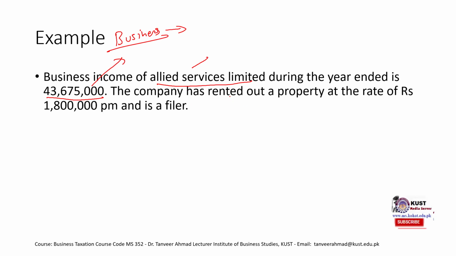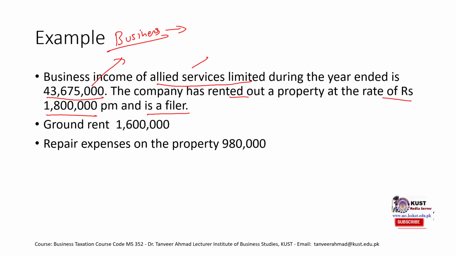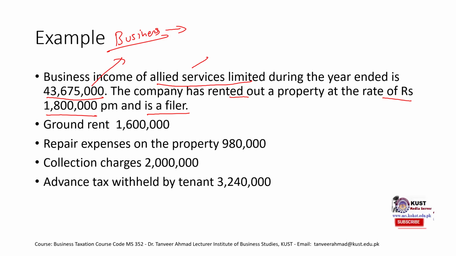The company has rented out a property at 18 lakh rupees per month and the company is a filer. So in this case, filer or non-filer is irrelevant, but anyhow. Then there is other information. We have ground rent of 16 lakh, repair expenses of 9 lakh 80,000 rupees, collection charges 20 lakh rupees, and advance tax withheld of 32 lakh 40,000. Let's solve this question.